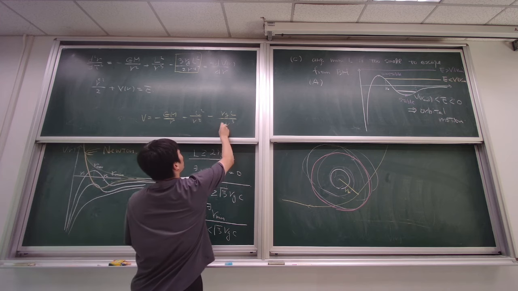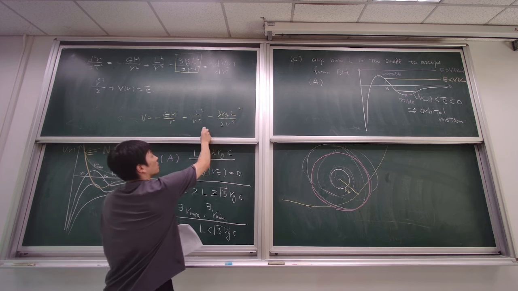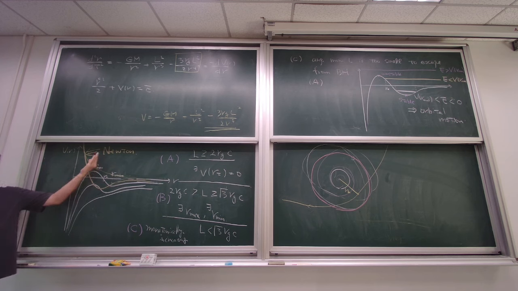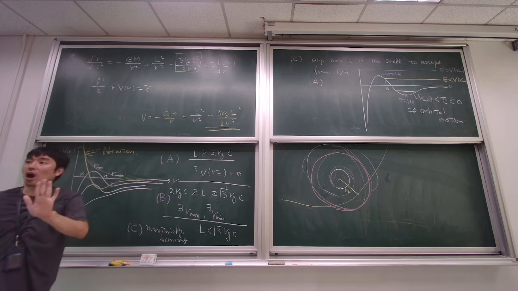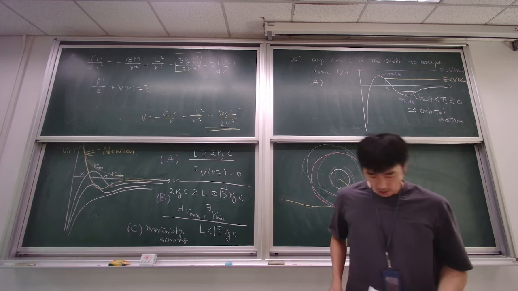Yeah, 2 and then square 3, like this way. This factor is very important so that eventually it hits the singularity if the energy is high enough. That's a crucial difference between Newtonian mechanics and GR. This term will become dominant when R goes to 0. That's the point.